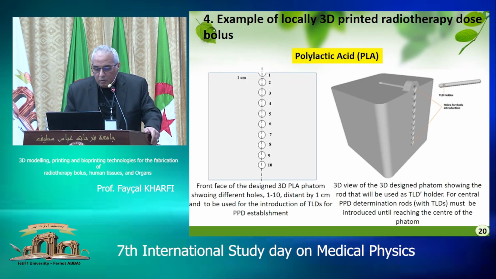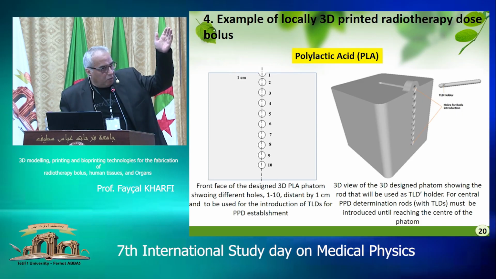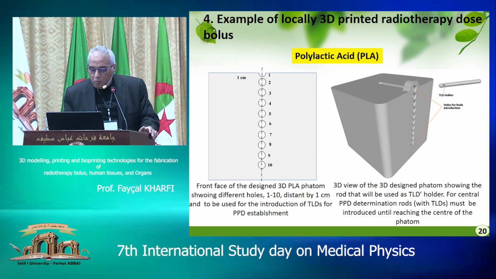So, in order to introduce the data on this material to the TPS, a characterization must be done. The first one concerns the dose response. For the dose response, because we need the profile of the dose in depth, we fabricate a phantom with some location inserts in order to introduce thermoluminescent dosimeters, and in order to measure the dose in depth.